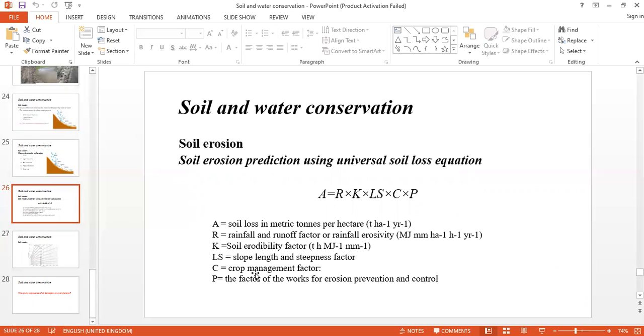So if, for example, you have a management practice in the second field, the soil coming from the first field as it enters the second field will not all be lost. Only part of it will be lost, but the other will be conserved. Deposited, yeah, in that field.